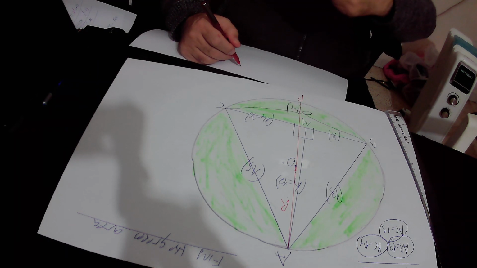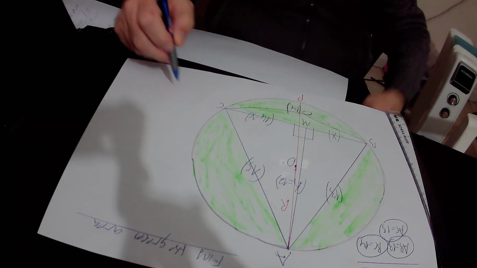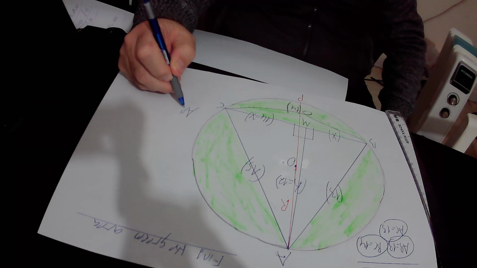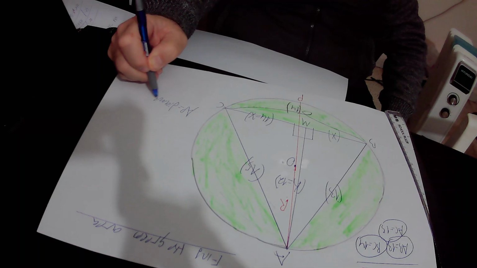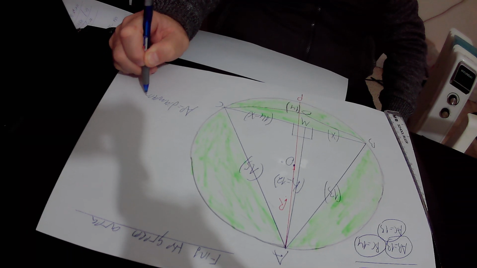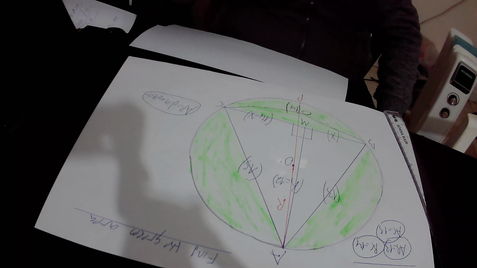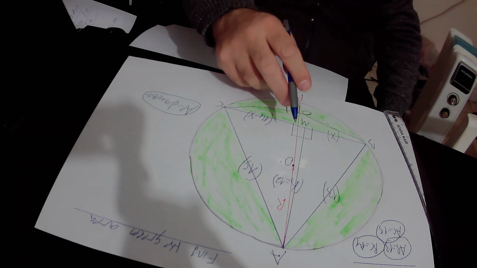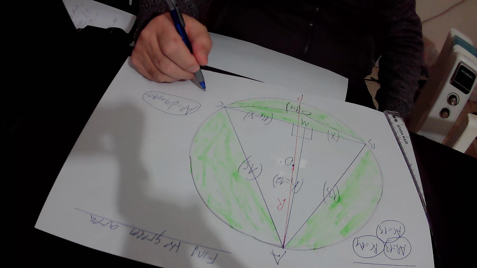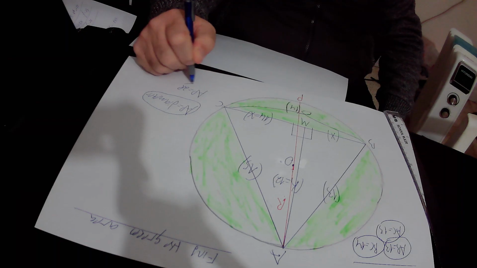And we know that any chord that passes through the center of the circle must be the diameter of the circle. So we can write here that AP is the diameter of the circle, because it passes through the center of the circle. And we know that the diameter of any circle is twice as long as the radius. The radius is R, therefore the diameter AP must be equal to 2R.